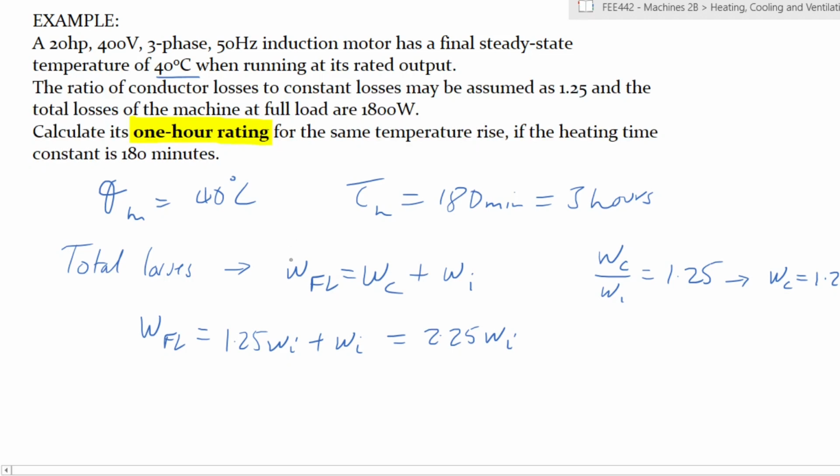So if, for example, your heating time constant is 3 hours, that means that running at a normal rating of 20 horsepower, it will take 3 hours to reach its steady state temperature rise of 40 degrees. But if we overload the machine for 1 hour at maximum, such that it attains this same temperature within 1 hour, we will still be able to run it without causing damage, because we have not exceeded the temperature that is indicated. We are simply attaining that temperature at a much faster rate than would normally occur.